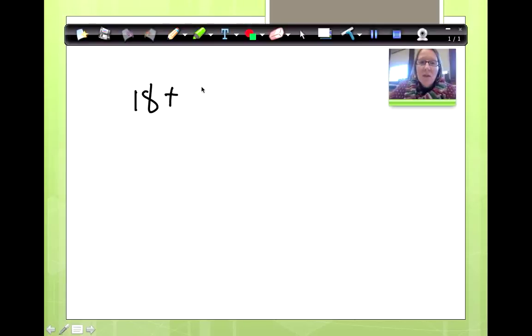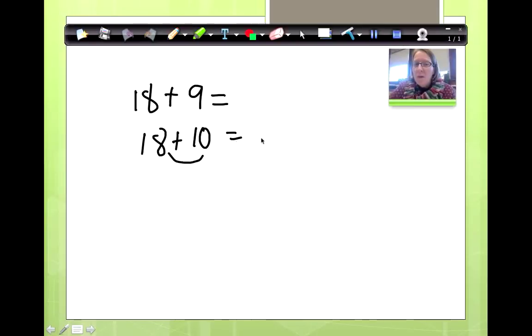Let's do 18 plus 9. Let's do something harder. Now, instead, let's change this to a 10. 18 plus a 10 would be, well, here's our 1s. Because 0 plus 8 is 8. 1 10 plus 1 10 is 2 10s. But this is a 10, not a 9, so we take 1 away. So what is 18 plus 9? It is 27.